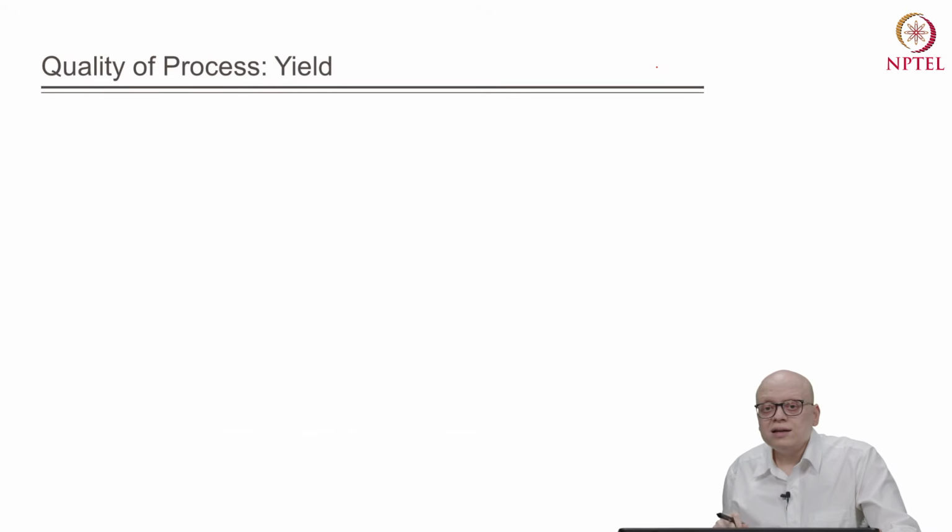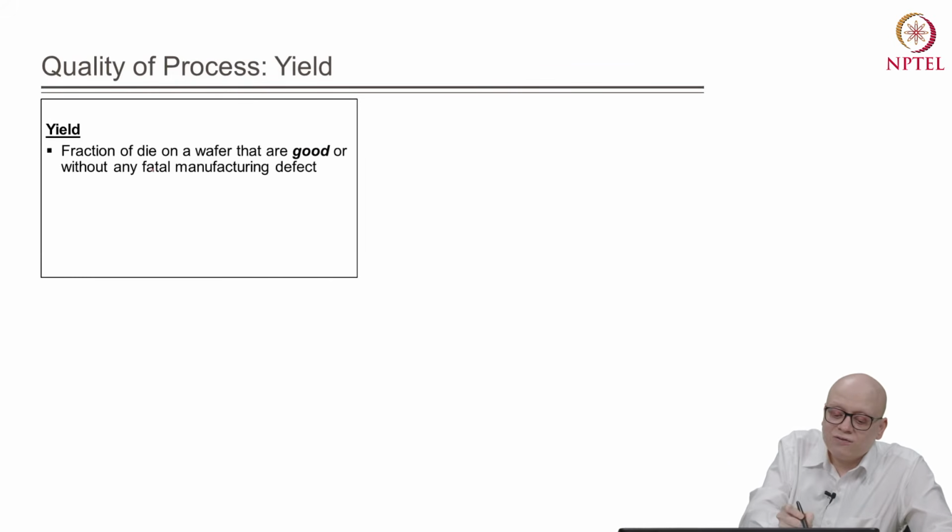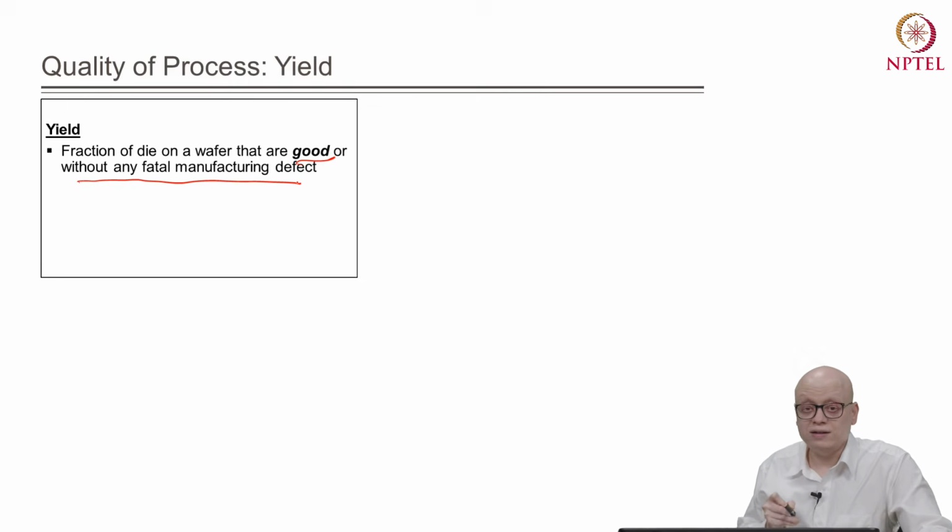Now, let us also look into what the effects of having defects in our chip are. The first effect is that there will be yield loss. Now, what is yield? Yield is basically the fraction of dies on a wafer that are good, or without any fatal manufacturing defect.